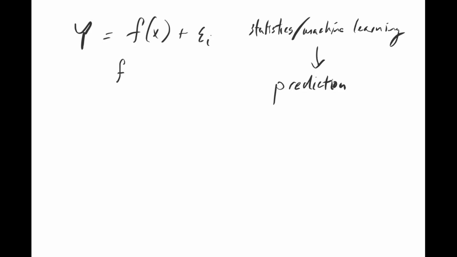In other fields, where you have econometrics, for example, they care much more about causal relationships and causality. And so this is how my inputs will affect my output.